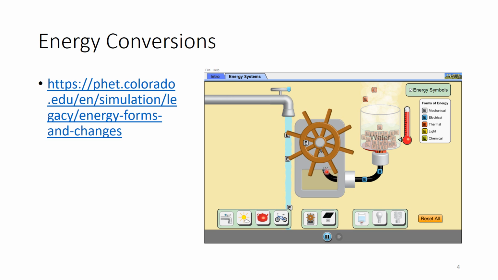You can see these tiny boxes of energy marked with E. They're traveling through the wire as electric energy. Then the electric energy heats up this water heater. As the water is heated, the electric energy is converted to thermal energy. This thermal energy is transferred from the heater to the water particles in the container.